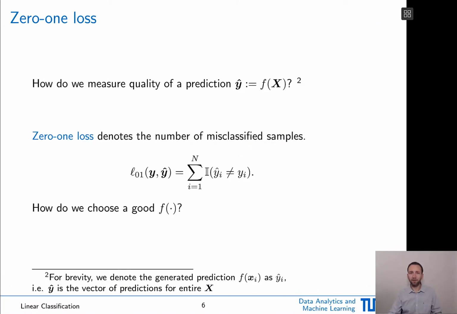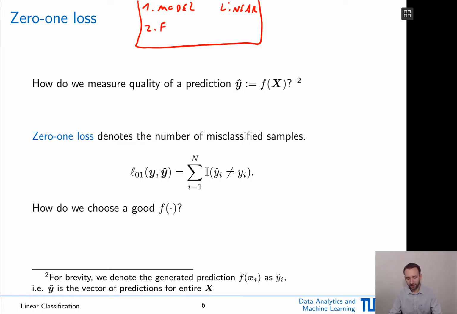So what do we have to do for this? Let me recall quickly the regression setting. In the regression setting, we did 2 steps. In the first one, we picked a model, which was, for example, a linear model. And in the second step, in the classic view, we picked an error function.